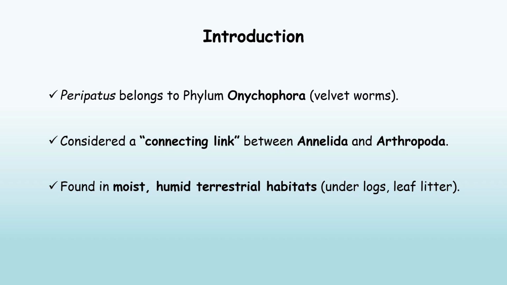The skin actually looks like that, and these are considered a connecting link between the phylum Annelida and phylum Arthropoda. These velvet worms, or Peripatus, are found in moist, humid terrestrial habitats, basically under logs, rocks or crevices, or under the leaf litter, etc.